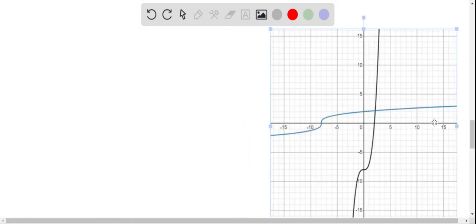So this is how the graph of f and f inverse looks, which we have drawn over here. So this is the graph of f and this is the graph of f inverse.